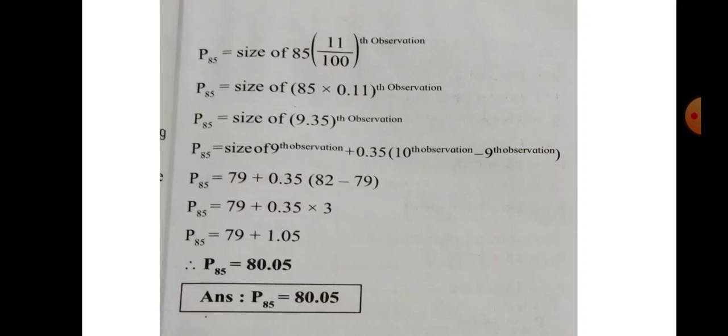So we get P85 is equal to 79 plus 1.05. So finally we get P85 is equal to 80.05. So what is the answer of P85? P85 is equal to 80.05. So this is a different example to find out the percentile from individual data.